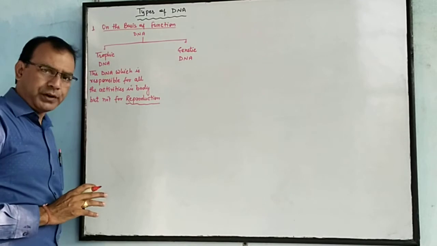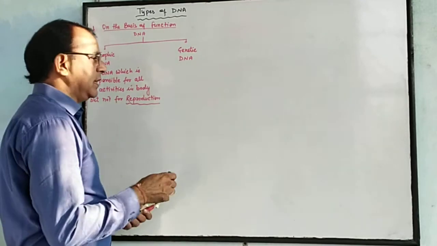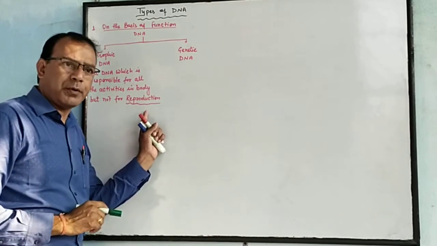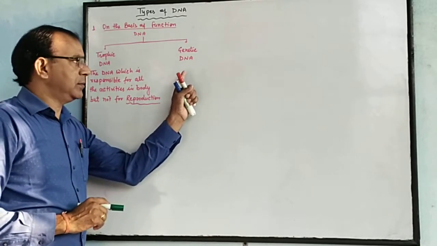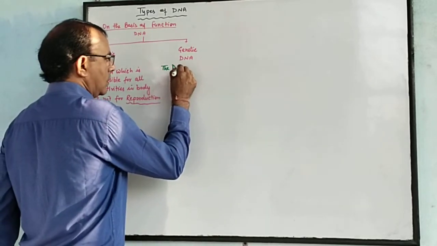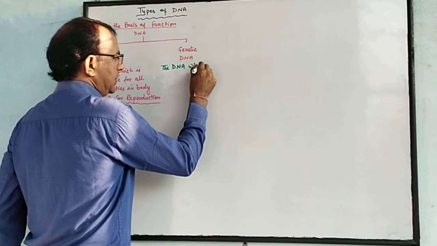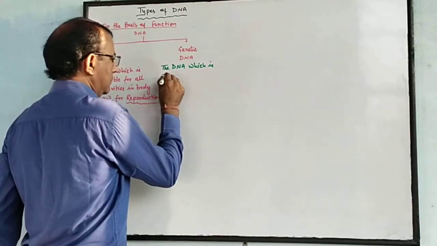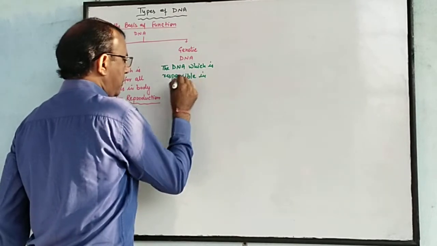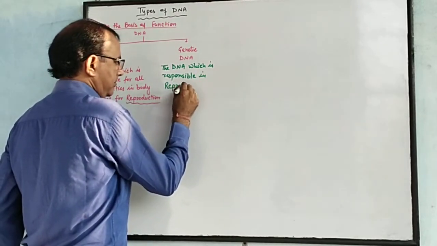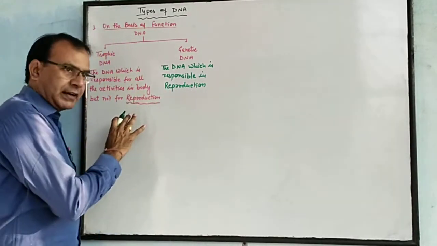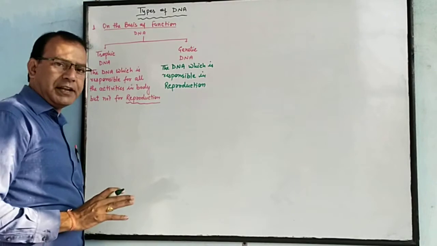And genetic DNA means the DNA which takes part only in reproduction, that is, inheritance. Genetic means inheritance. The DNA which is responsible for reproduction and not for other activities is called genetic DNA.